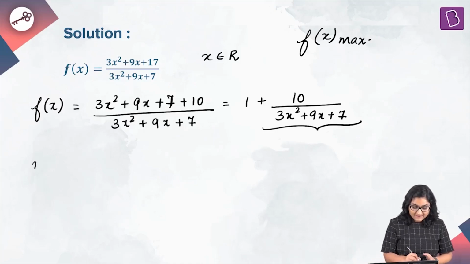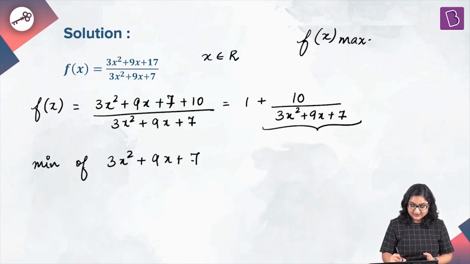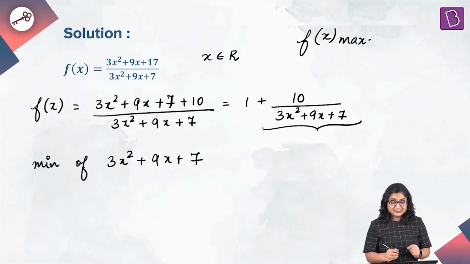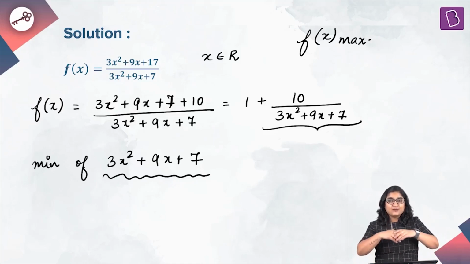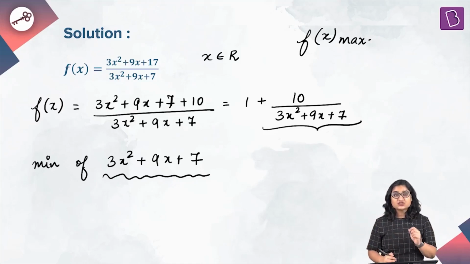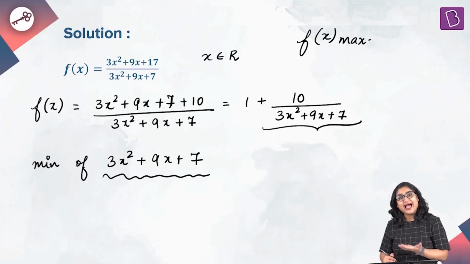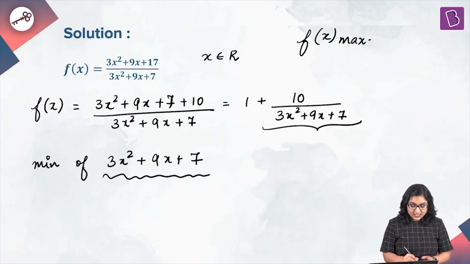Now, what is the minimum value of 3x² + 9x + 7? We know that this curve 3x² + 9x + 7 is going to be a parabola opening upwards. So the minimum value is going to lie at the vertex, and it is given by minus D by 4a.